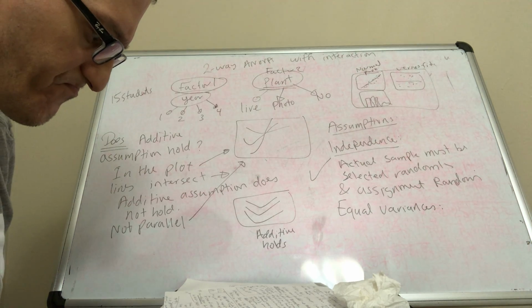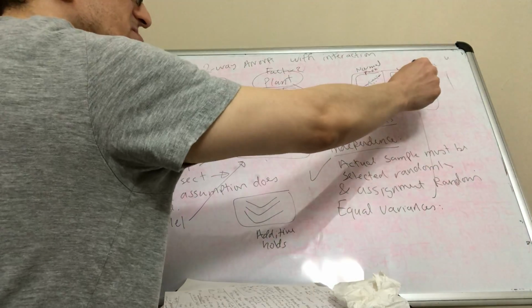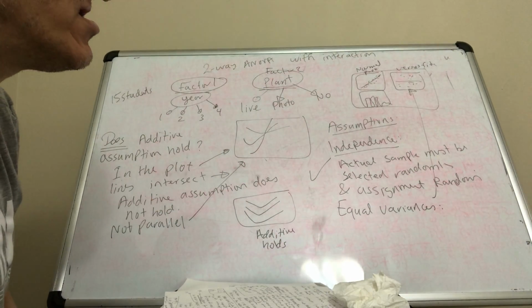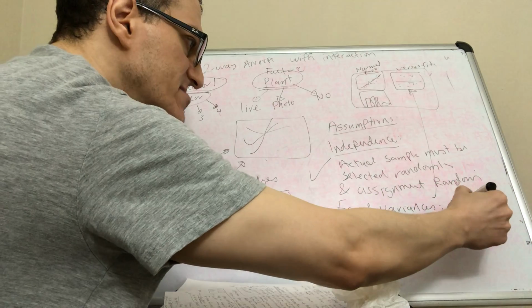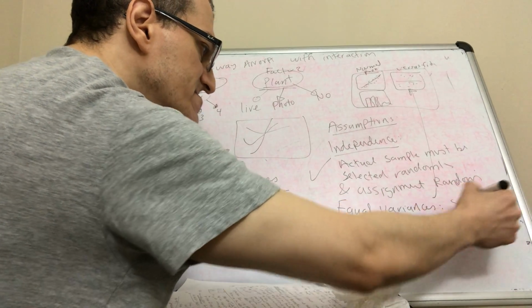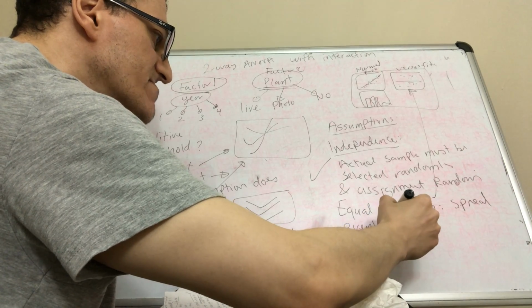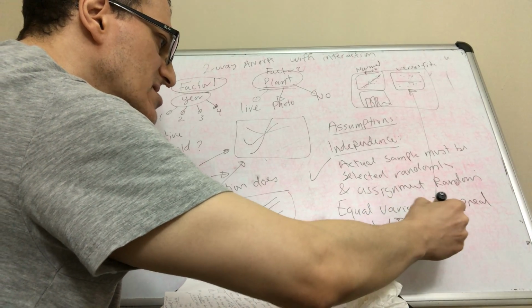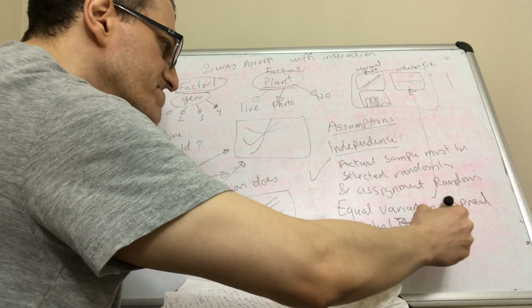Now, talking about the equal variances, you refer to the versus fit. Do you see the points spread evenly? Meaning that plot does not thicken.